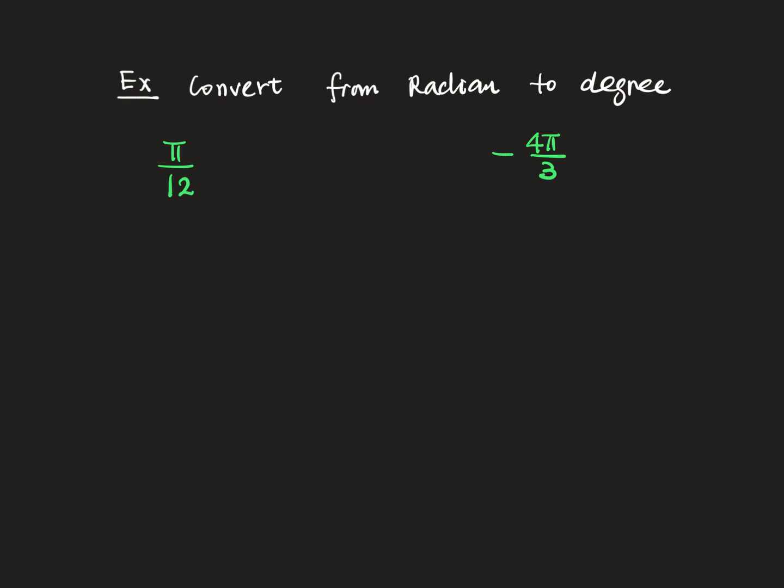Next one, we're going to convert from radians to degrees. In this case, pi over 12 times 180 degrees over pi. How can we do that? First, cancel out pi. Then you're going to see 180 over 12.